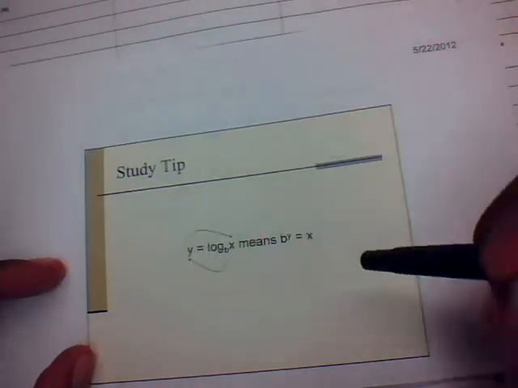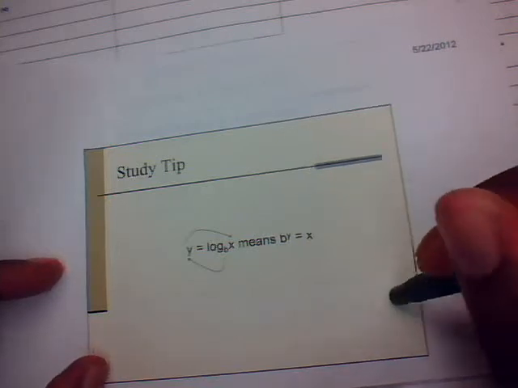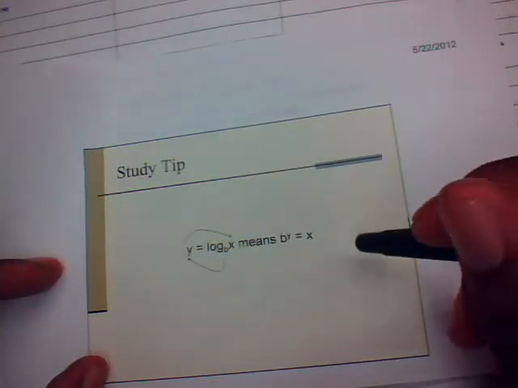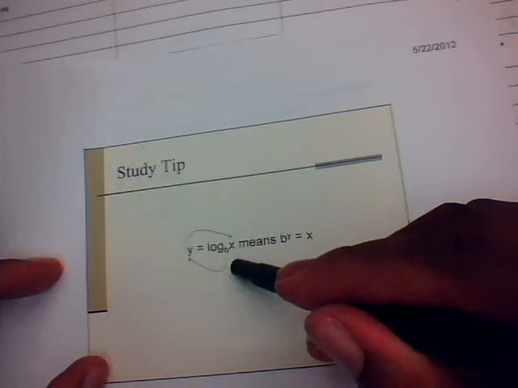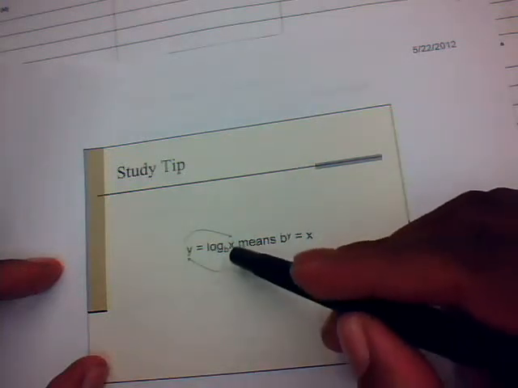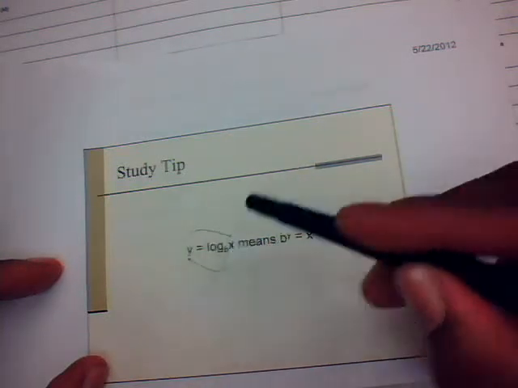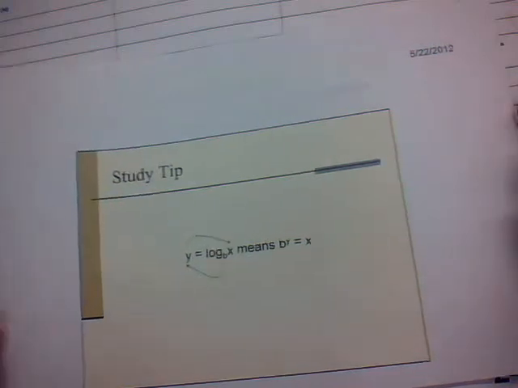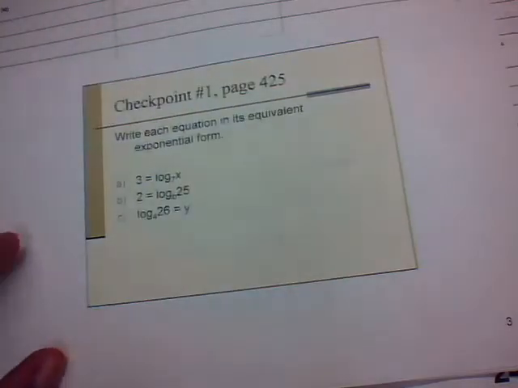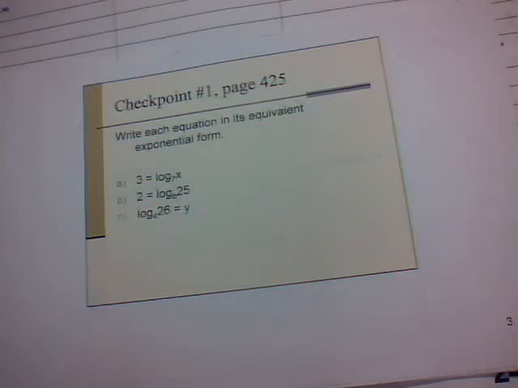This is a study tip that I encourage most of my students to use to help them convert an equation in logarithmic form to an equivalent exponential form. And we'll use that to do these type of problems. In parts A, B, and C, you're going to write each equation in its equivalent exponential form.